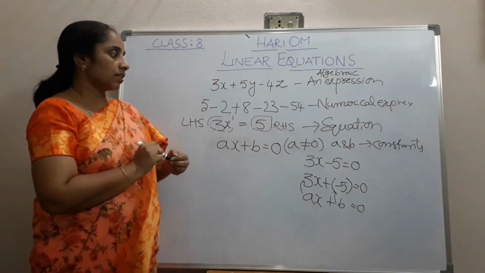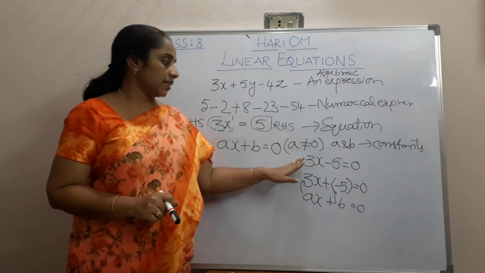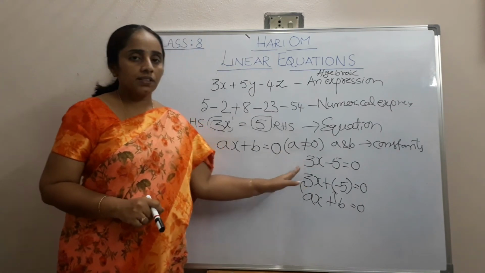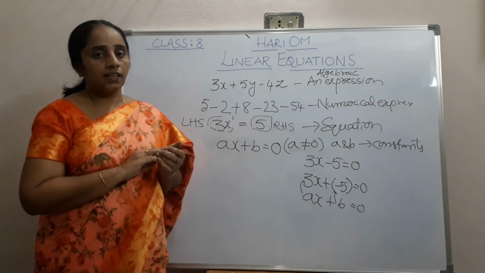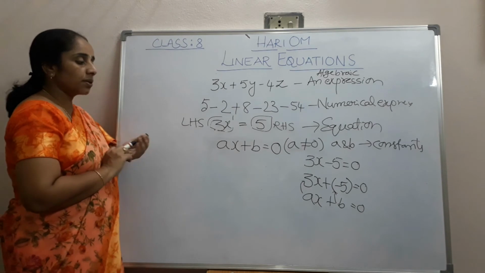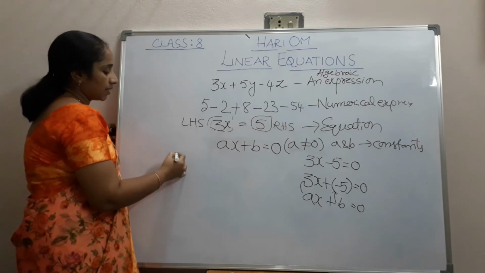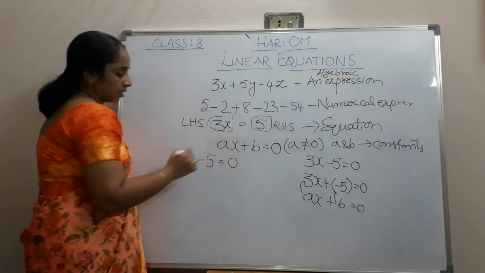Understood? So now we are going to discuss these linear equations, their simplification, and how we can use them in daily life. To solve this, we have 3x minus 5 is equal to 0.